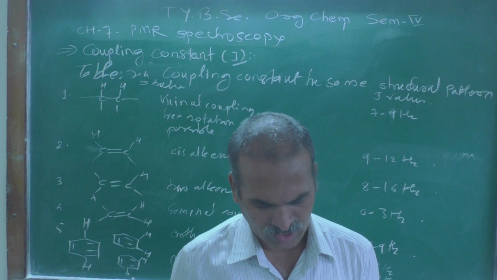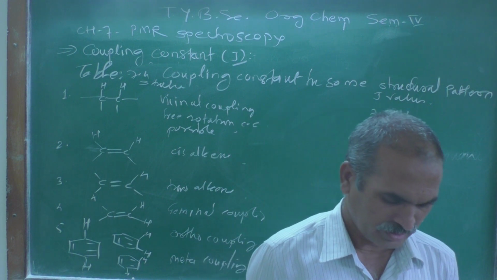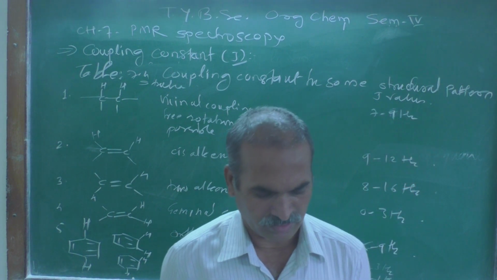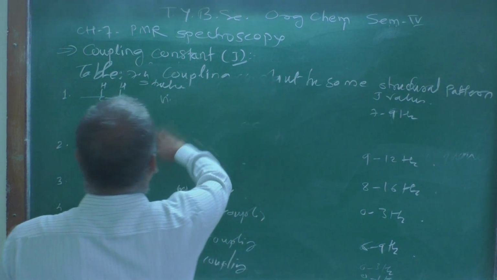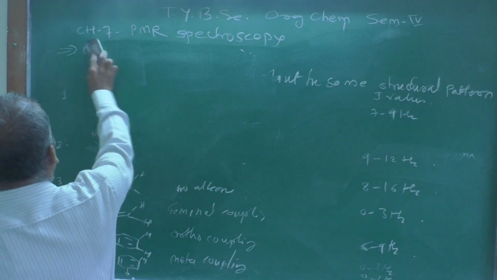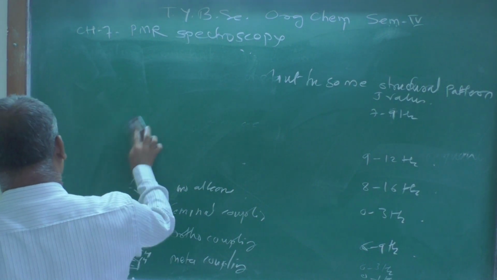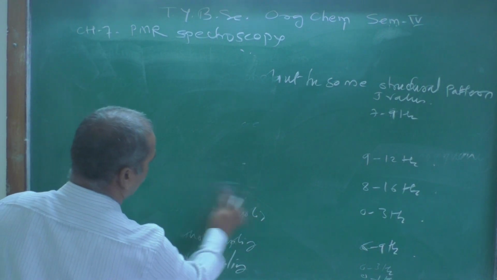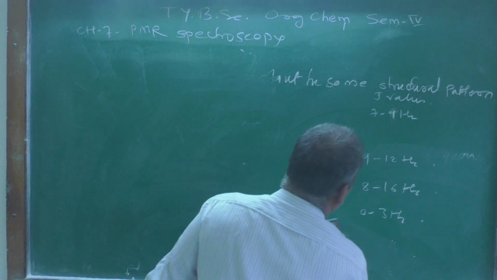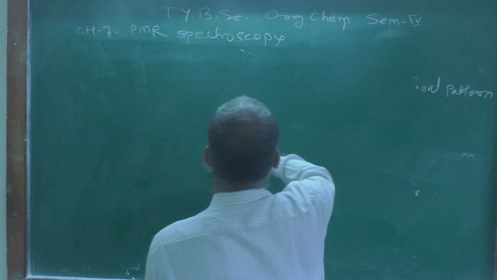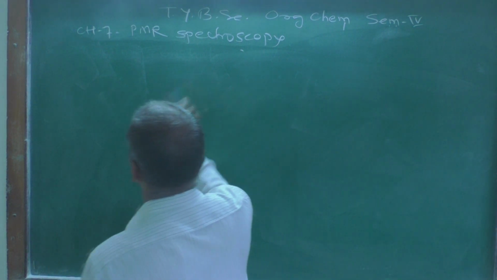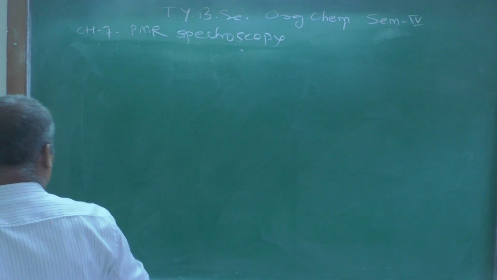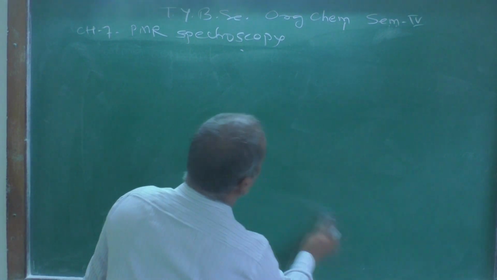All the theoretical part we have covered here. Now the last theoretical point that remains is the application of PMR spectroscopy. What are the applications of PMR spectroscopy? We are going to discuss them one by one.